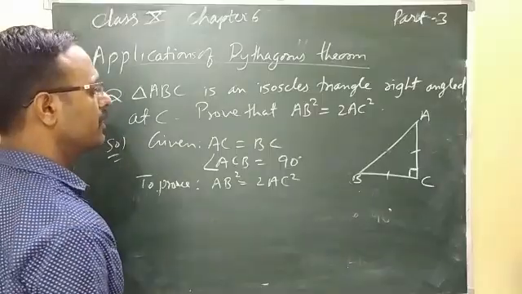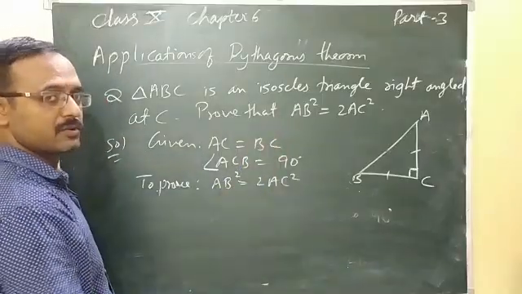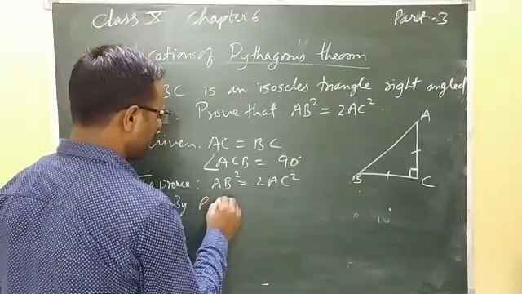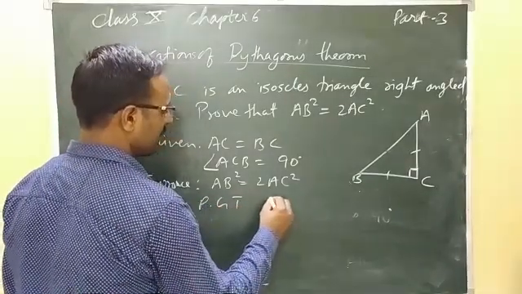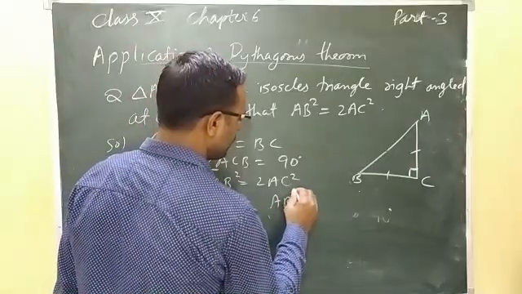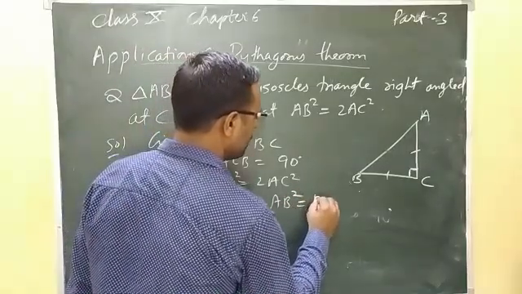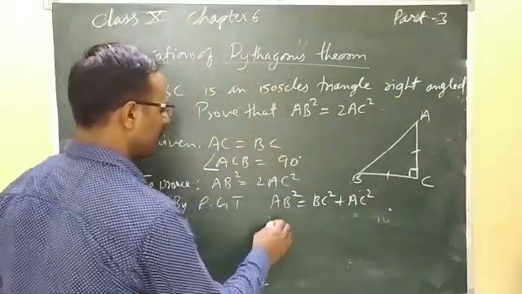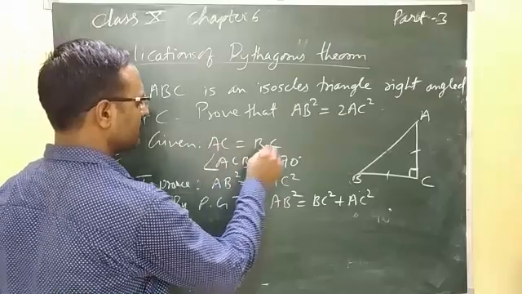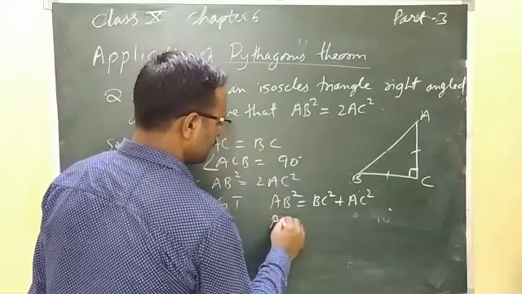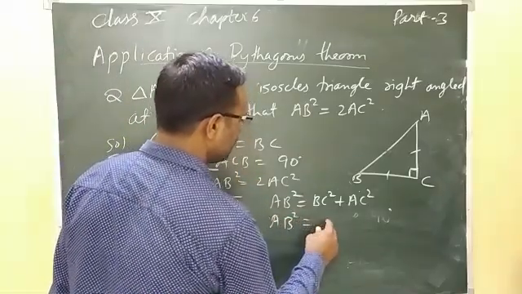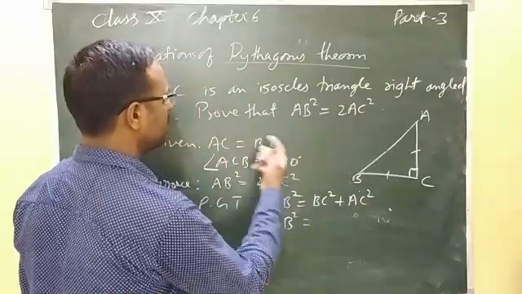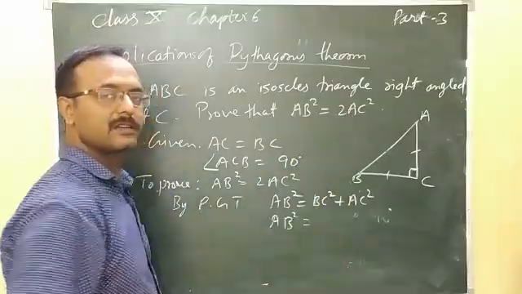So how to prove? We will start from this hypotenuse, applying the Pythagoras theorem. So by Pythagoras theorem, we can write AB square equal to BC square plus AC square. And now, as we know that AC is equal to BC, this part, that is BC, can be replaced by AC, or you can replace AC by BC, but we want AC here.